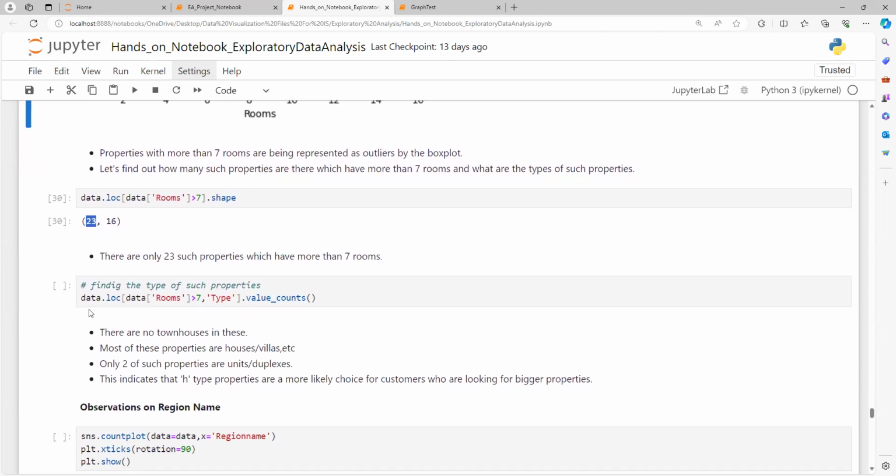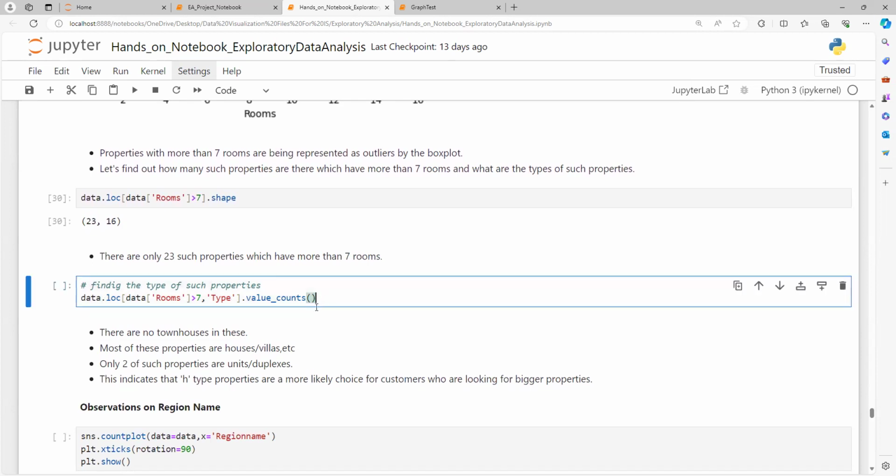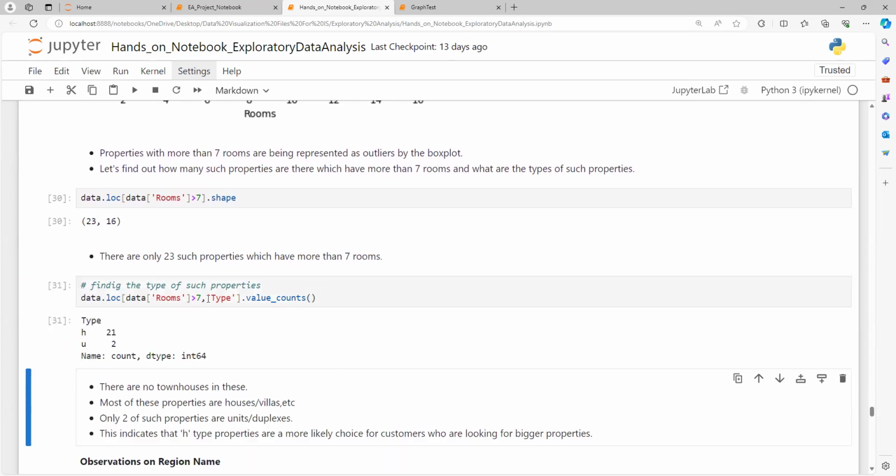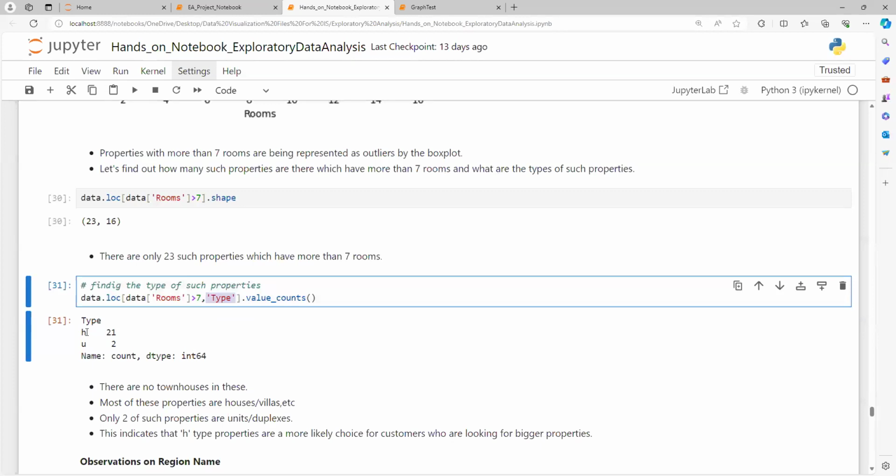So now my question is, can you do the counts by unit type, meaning houses and so forth. Of the ones that have more than 7 rooms, 21 of them are houses and 2 are apartments or duplexes. That kind of makes sense. A townhome with 7 or 8 rooms doesn't make sense.